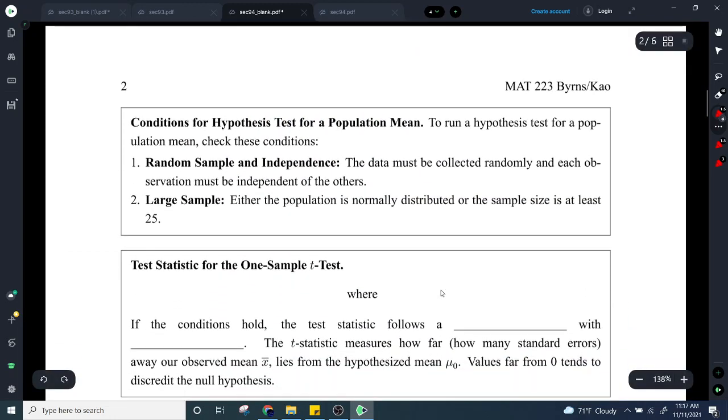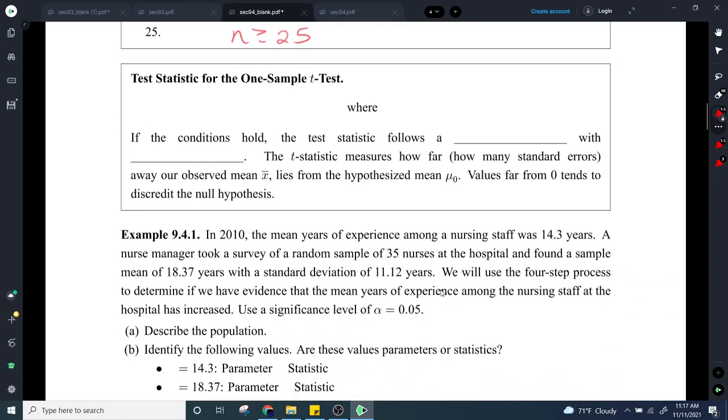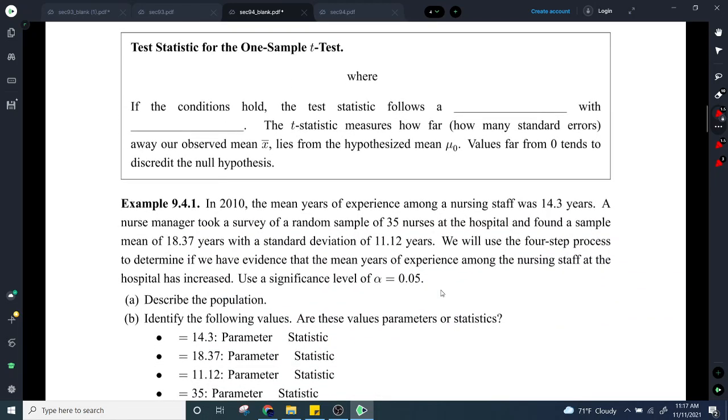All right, so what do we need to check for? The sample has to be done randomly, so as long as it's a random sample, we know we're good to go there, and it's got to be large enough to be at least 25. So n has to be greater than or equal to 25, just like it did when we looked at confidence intervals. So our test statistic this time, we call it a t-score, and it's going to be the same as what it was when we looked at confidence intervals.